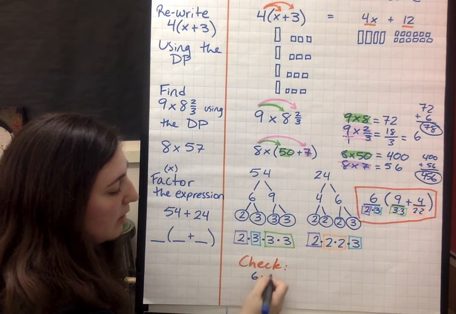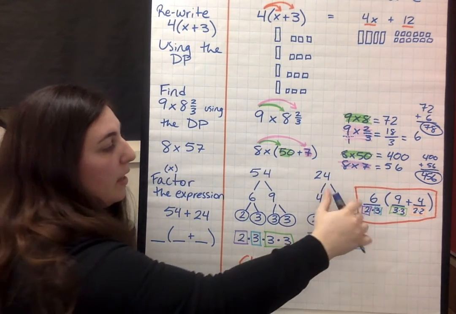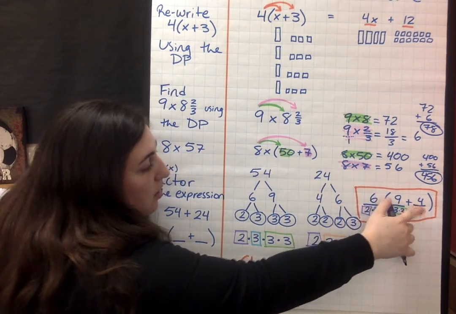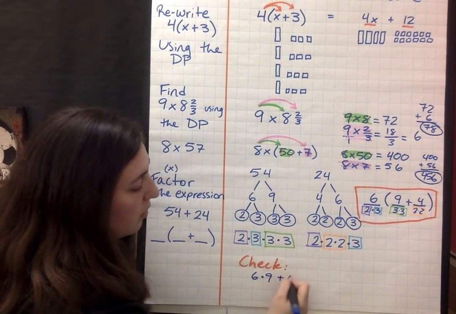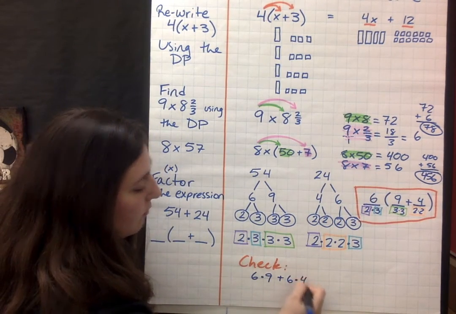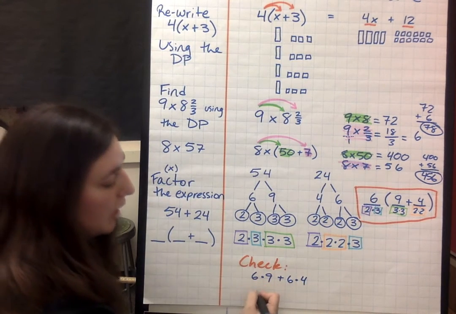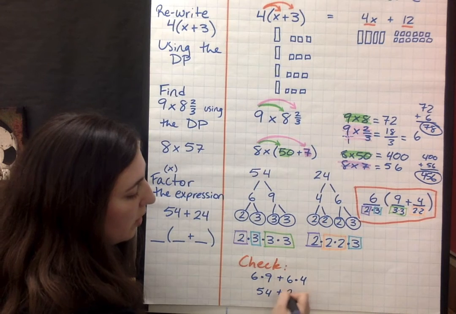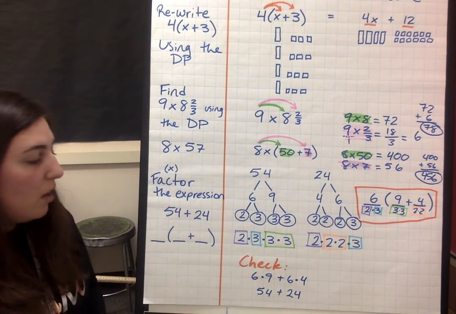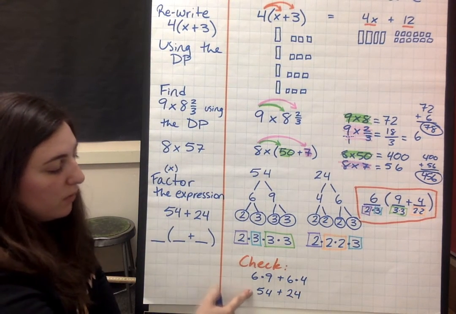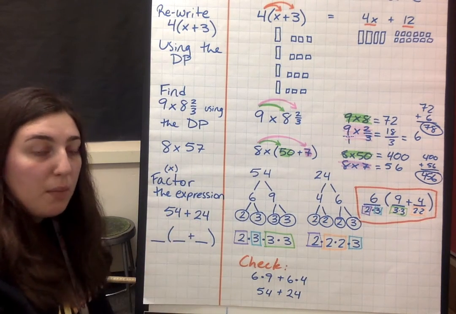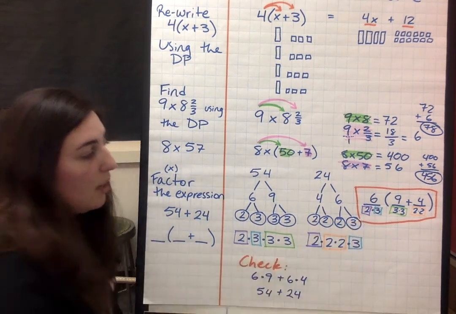It's going to be 6 times 9. And then I'm going to distribute this 6 to the 4. So 6 times 4. 6 times 9 is 54. And 6 times 4 is 24. Okay, so if you see here, I got the same answer, 54 plus 24, 54 plus 24. So that means we did this correctly.